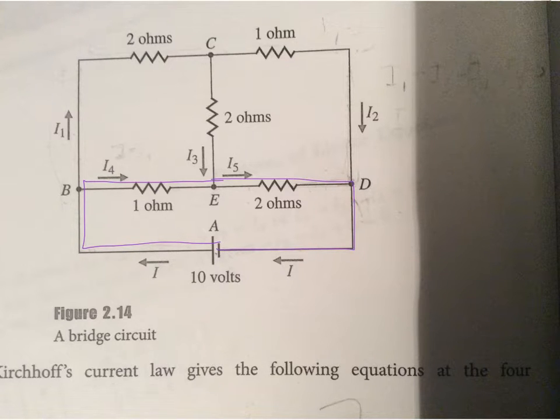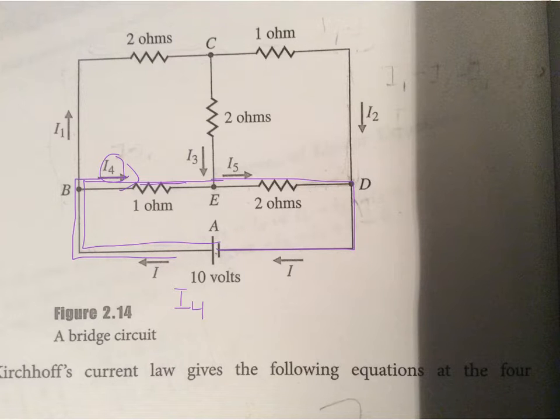The voltage coming around this way is I4, and it's going to go across a 1 ohm resistor, so we get 1 times I4, which is I4.